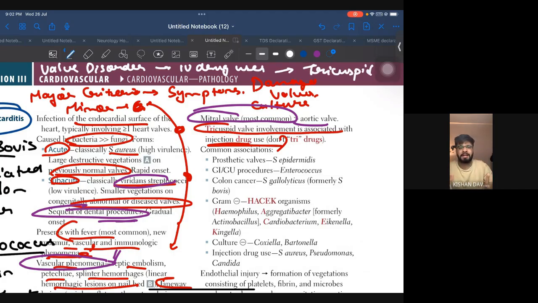It can be tricuspid regurgitation, tricuspid stenosis, tricuspid atresia, anything. If the question says the patient was an IV drug user, think tricuspid. Whatever it is, it has to be tricuspid. All right, this is very important from a general cardiology point of view too.